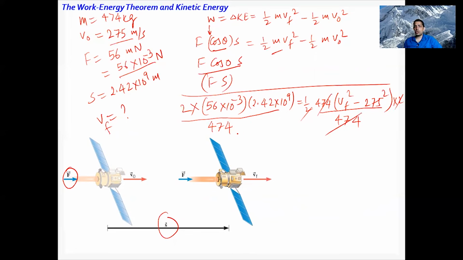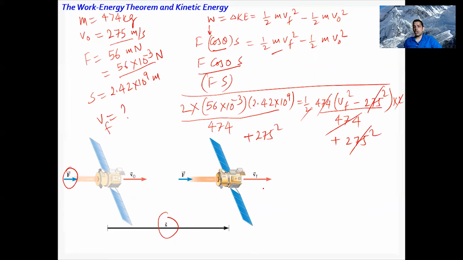Then add 275 squared to both sides, and this cancels out.